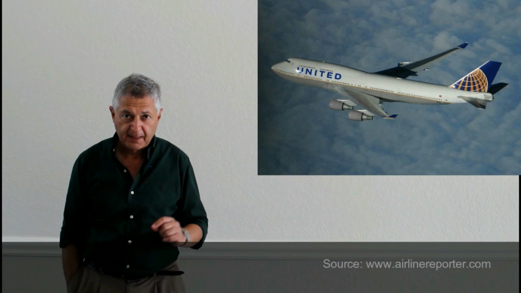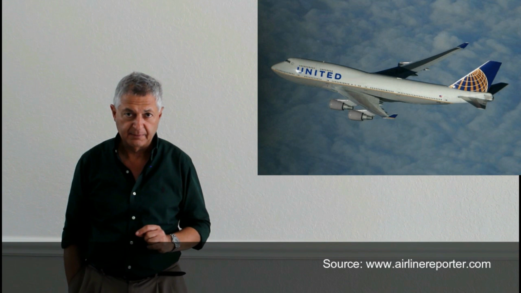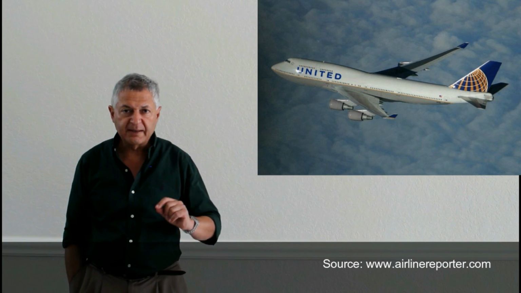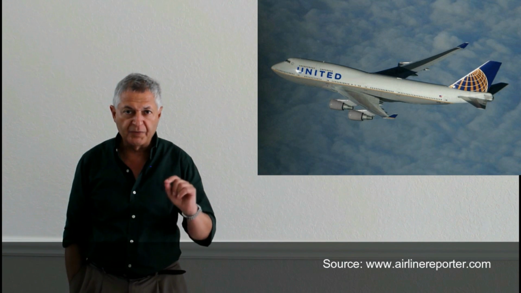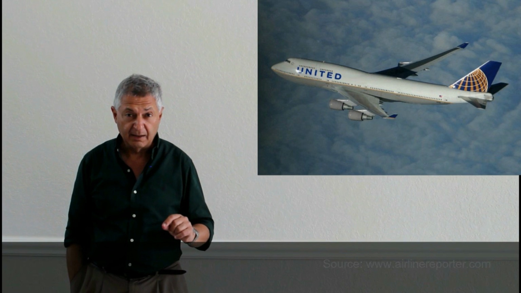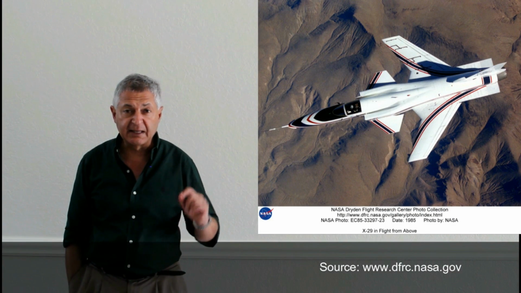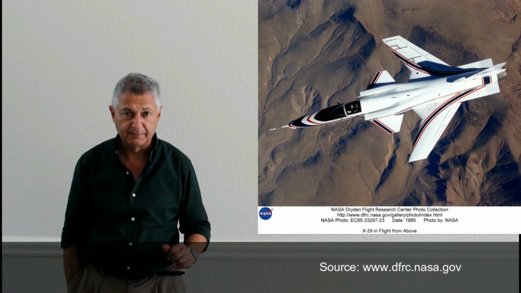The first one is a Boeing 747. 747 is always stable in open loop, always stable. All its poles are in the left-hand side of the S-plane. On the other hand, the fighter X-29 is unstable. It has at least one pole in the right-hand side of the S-plane.